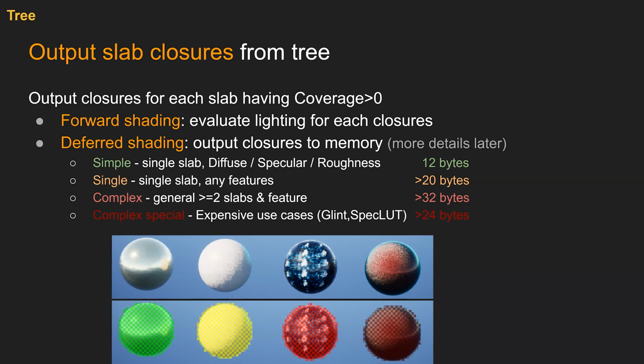The more features you add on a slab, the more you will write. You will go into the single case, which has a slab with more features. If you have multiple slabs, you will go into the complex case. And if you use more advanced features such as glints, it's going to be an even more expensive path. All this shows that we're not talking about optimization here. We just show that for different platforms, that may not fly. So we have to think about a way to adapt the material to a target platform.